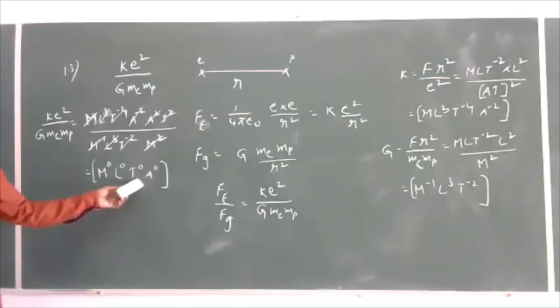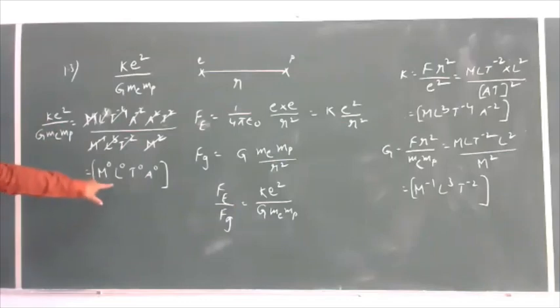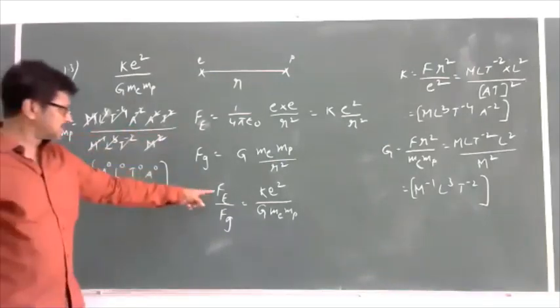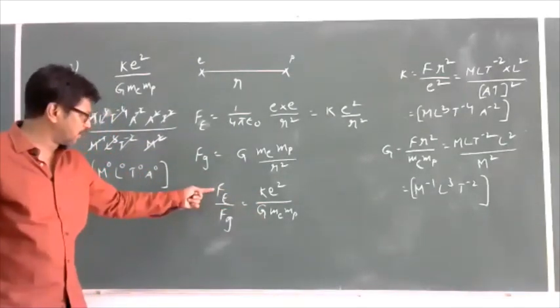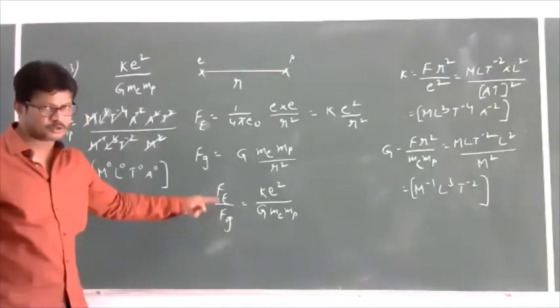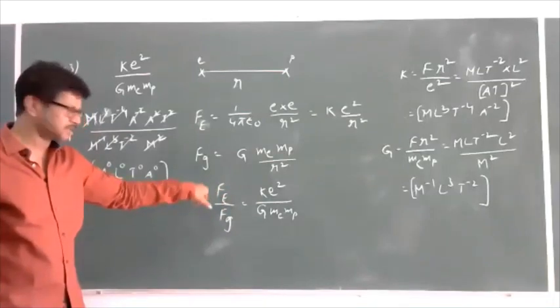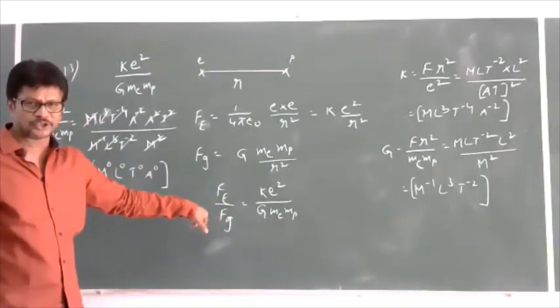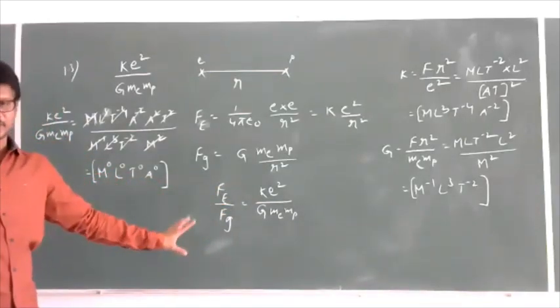So it is dimensionless. Like that, we can prove that the given equation is dimensionless also. This is one method. It is the ratio of the electrostatic force and the gravitational force between the electron and the proton. So force, same units, so no unit for this ratio. If there is no unit, there will be no dimensional formula. Like that also we can write.